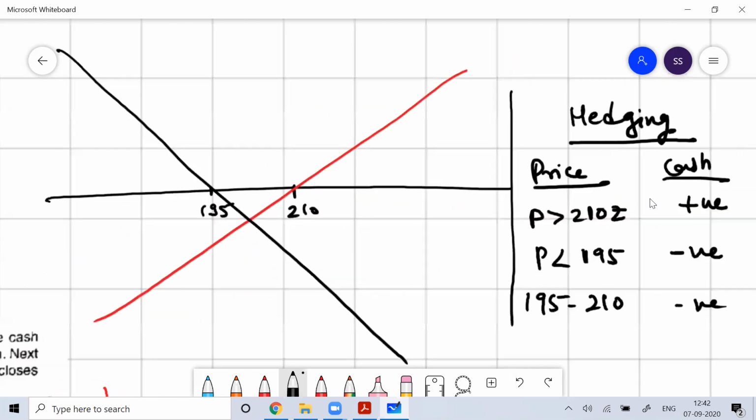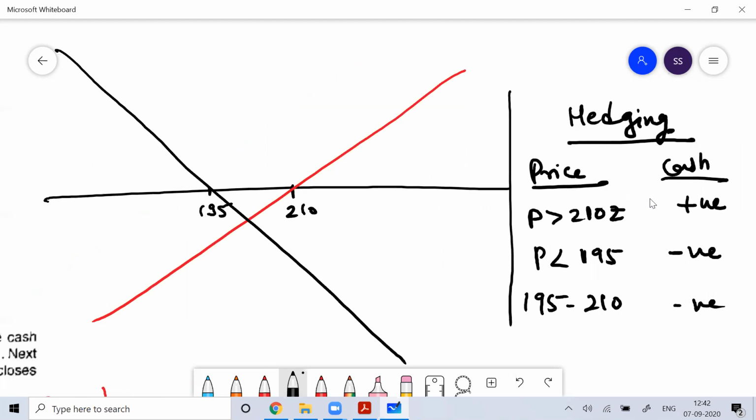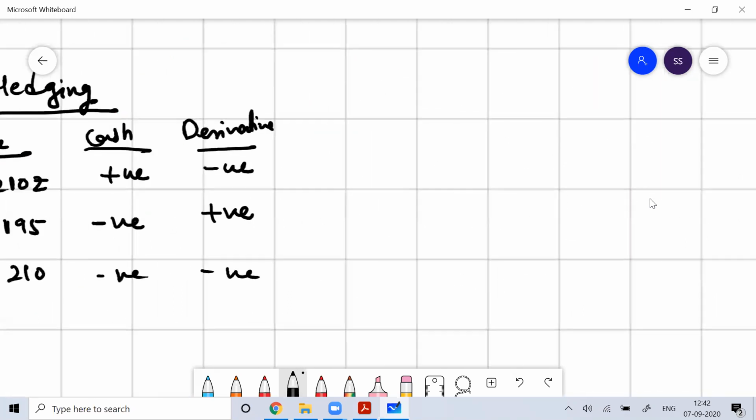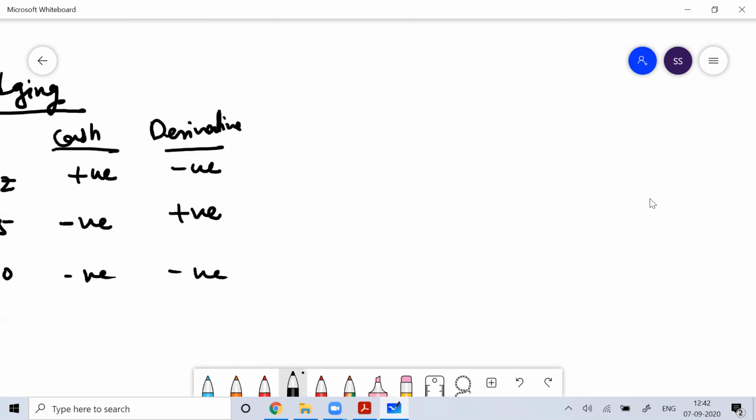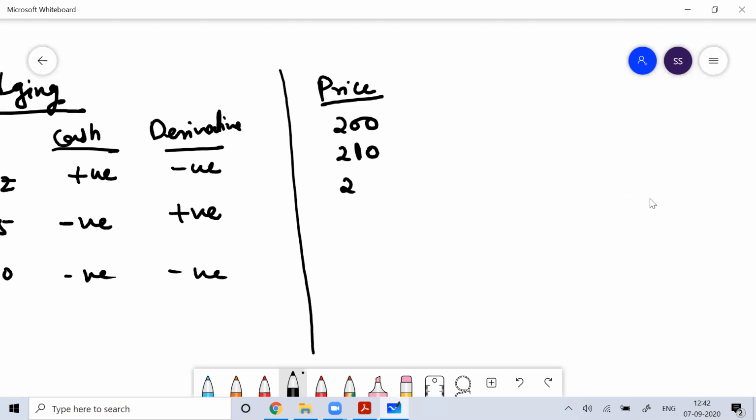With this you can calculate your net payoff diagram. You can take a situation of what the price can be in the future: if the price becomes 200, 210, 220, 230, 250, or you can take 190, 170, or 160.